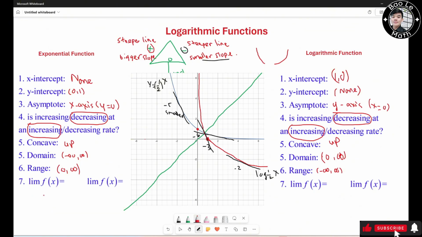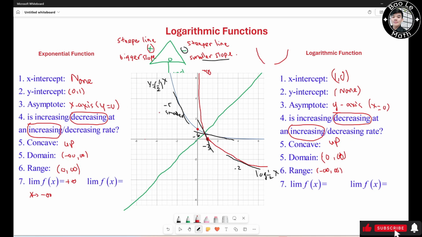Now, the left limit and the right limit. So, left limit, look at the exponential function right here. The limit of f of s when s approaches negative infinity is positive infinity because the function is going up forever, right?